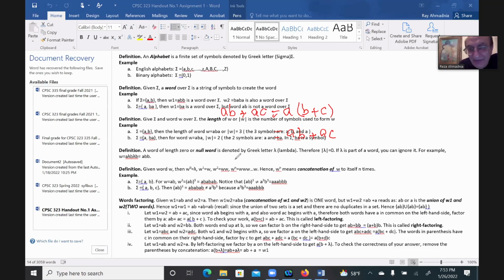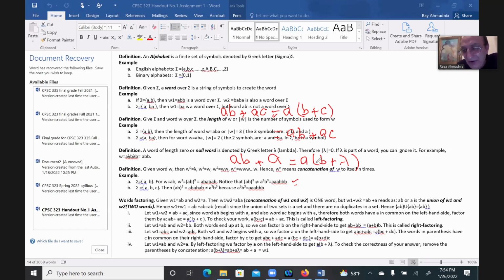Now, what happens if I have AB, or A? This one has A, this one has A. I can factor by A. What is left from this one? B. What is left from this one? Is it 1? It's lambda. Lambda, very good. See, I have to have something here.